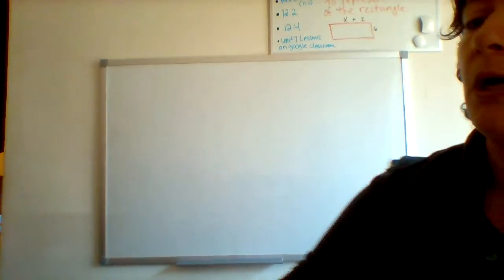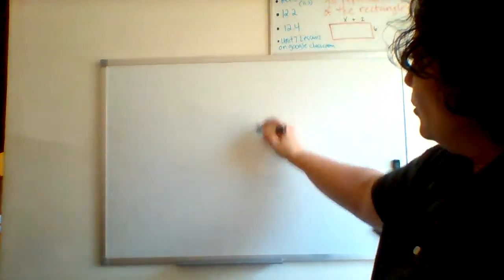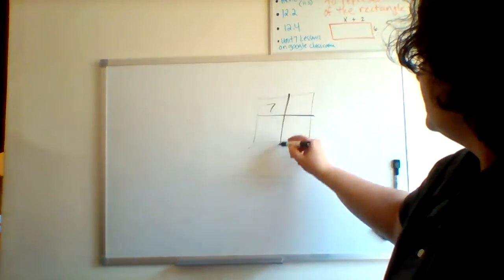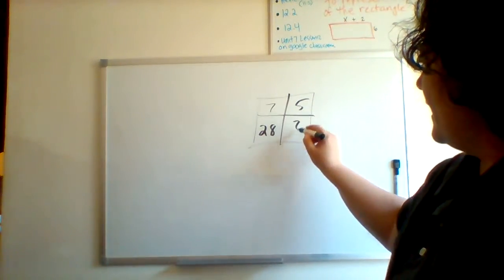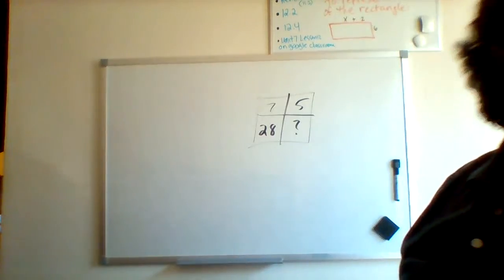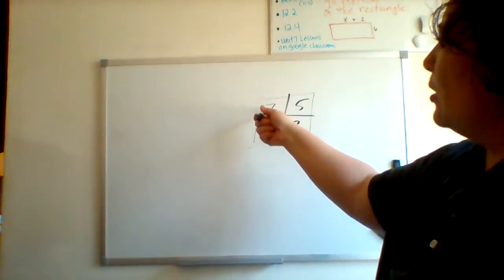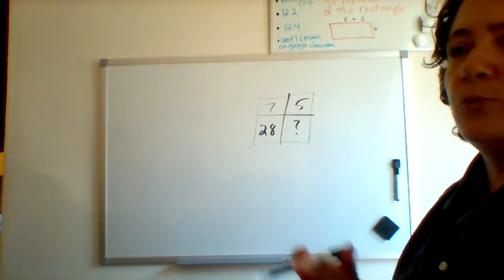And let me use 11.3 as our example here. We had a table and we had 7 and 5, and we had 28 and a big question mark. So Alana says, well, can't we just divide? What if I don't know 7 times 4 is 28? What if it's a decimal? What if it's some really big number?